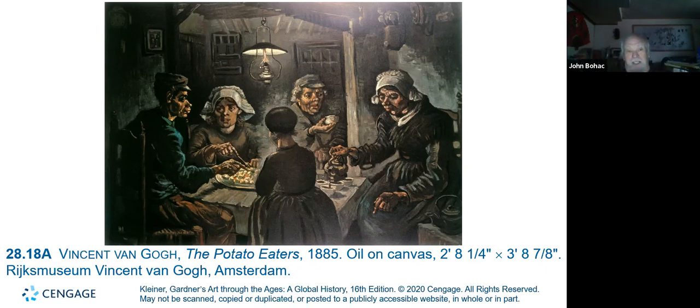Of course, it was a sustenance diet. It wasn't anything particularly tasty or fancy, but that's the point. These people are just getting by. And they're working in the coal mines, and they're poor, and elevating ordinary people doing ordinary things up to the level of art was realism.